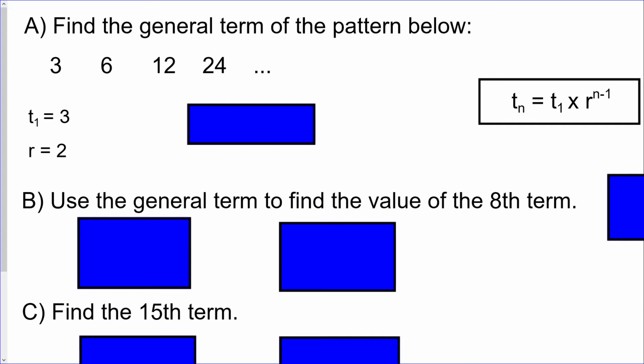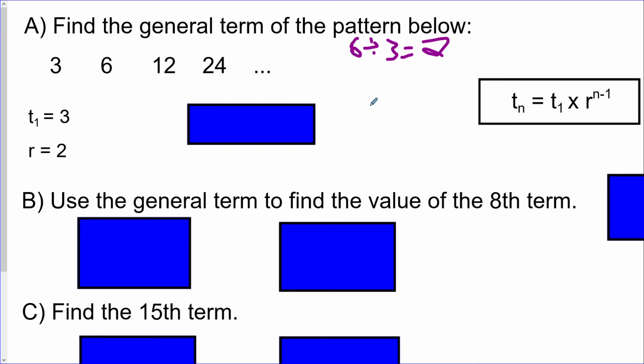If you're ever unsure of what that is, we talked about it last time, but I'll just emphasize it here. Just take one of the terms and divide it by the one that came before it. So if we do 6 divided by 3, which is the first two terms, that equals 2, which should be that multiple.